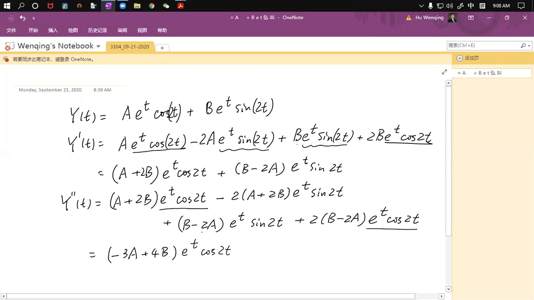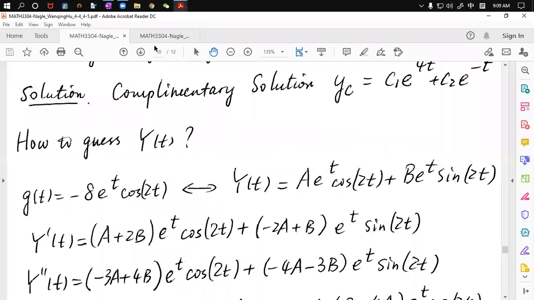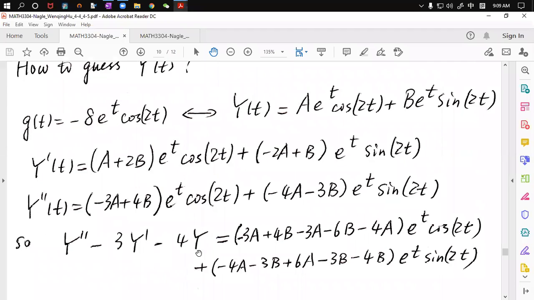And then here is b minus 2a, so plus minus 4 times a, and then there's a minus 4 times b plus b, so minus 3 times b, of e power t sine 2t. So you're going to have this. So that's all the derivatives that you want to have. So that means you have to collect all these terms. So that will be a much easier task.